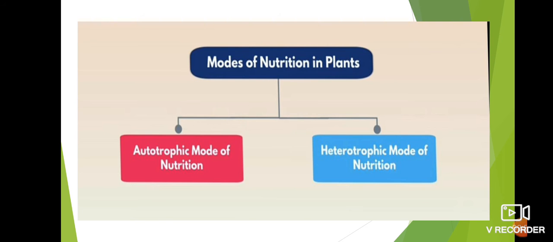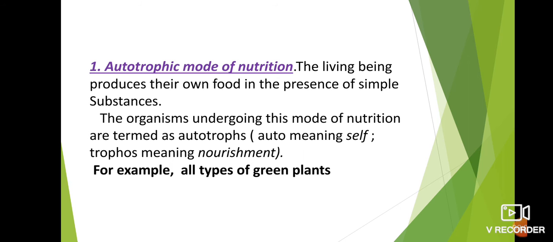Next, modes of nutrition in plants. Basically, we can classify nutrition in plants into two types. One is autotrophic mode of nutrition and another one is heterotrophic mode of nutrition. Let's talk about the autotrophic mode of nutrition. The living beings that produce their own food from simple substances follow the autotrophic mode of nutrition.